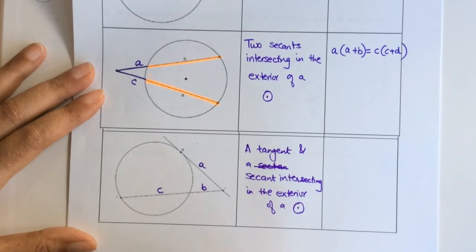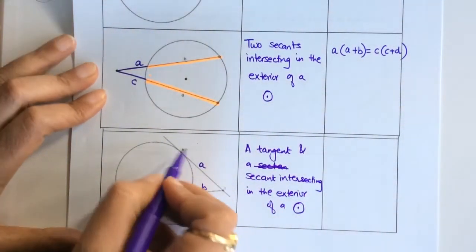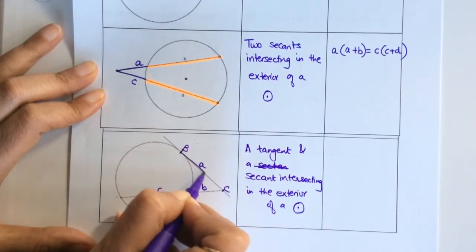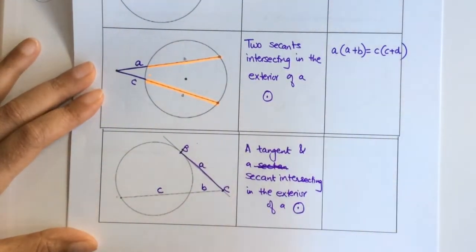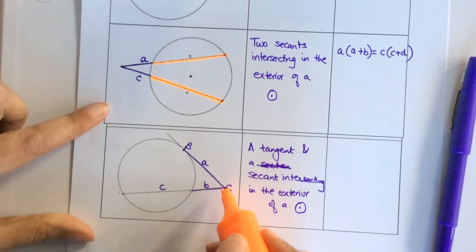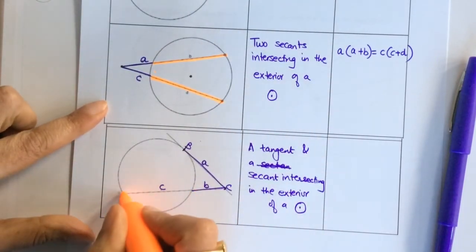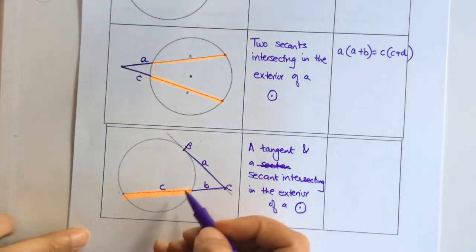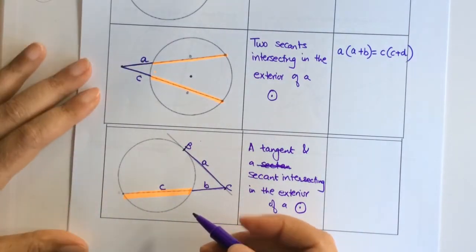So here, it's clear that this length is A, and this length is B. B is the length of the secant from the intersection point to the circle, and C is the length of the secant that is inside the circle.